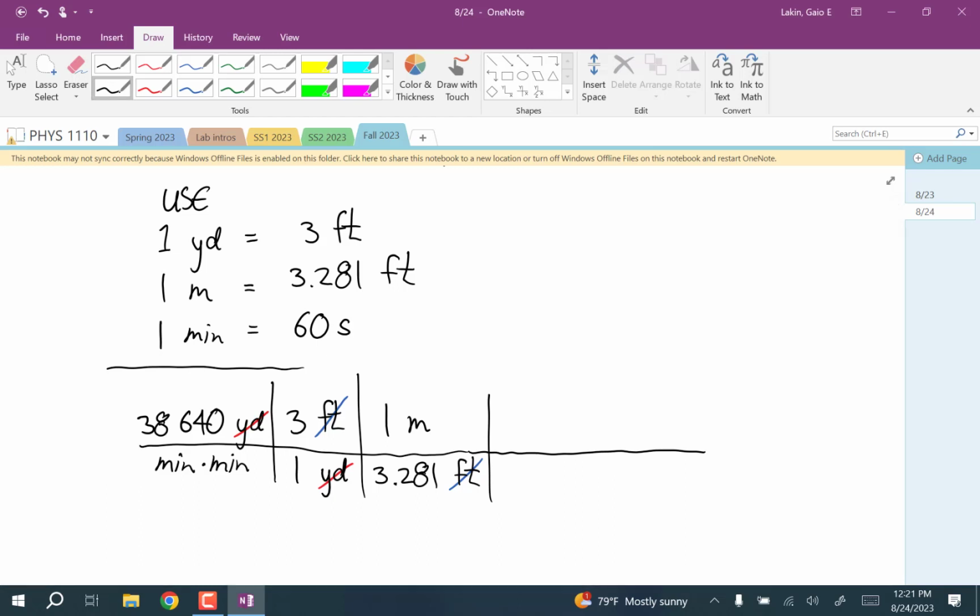Okay, well, this is the first time I've done one like this, but now these units are in the denominator in the starting value. So we want a conversion factor that has minutes in the numerator, okay, to make it cancel. So now I'm going to write 1 minute over 60 seconds. And that cancels the first one of these.